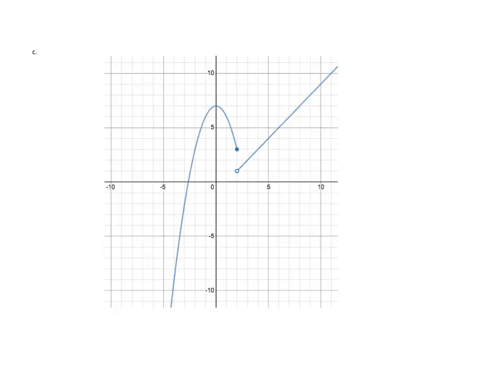Okay, what about this one? Oh my goodness. The derivative of this thing. Well, as I stated before, anything that is a line, the derivative is the slope of that line. And, well, this line has slope 1. You go over 1 and up 1. So for this part of the graph, the derivative is the horizontal line, 1. I already know the derivative is not going to exist at 2.